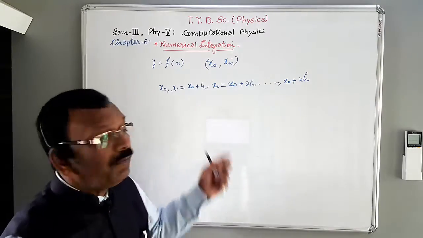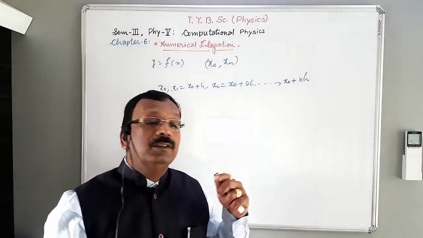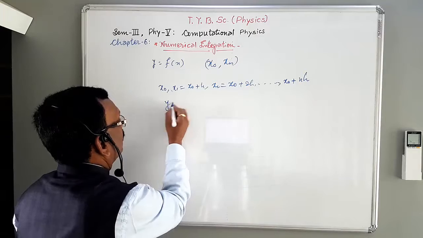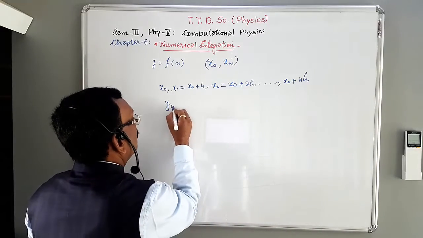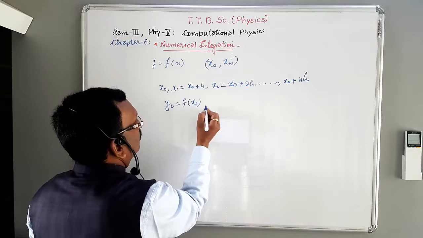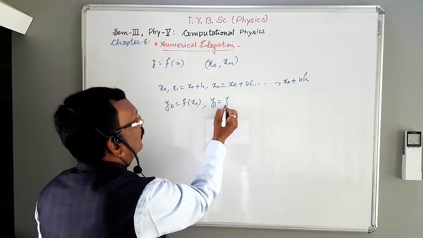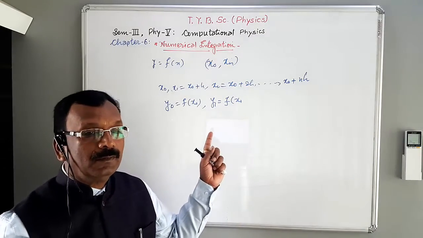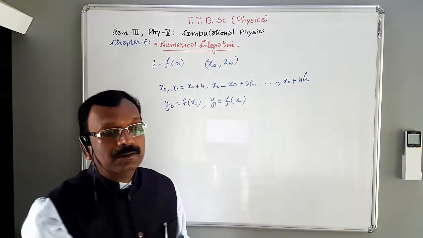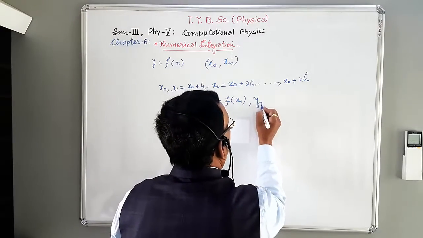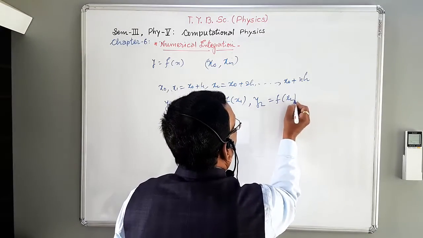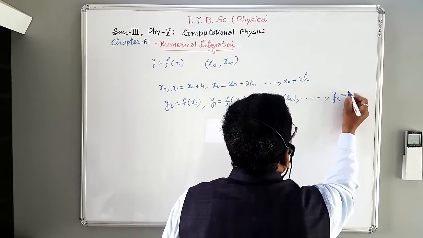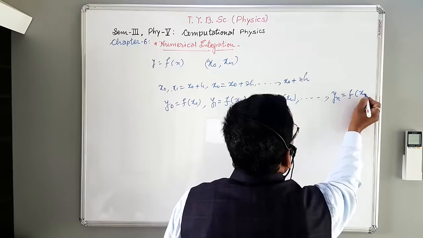We have to find the corresponding values of y, such that y0 is equal to f of x0, y1 is equal to f of x1, then y2 is equal to f of x2, and the last one is yn equal to f of xn.